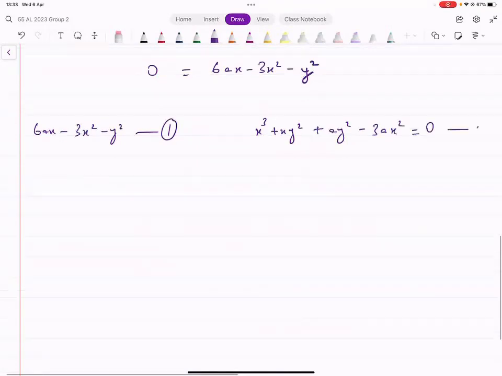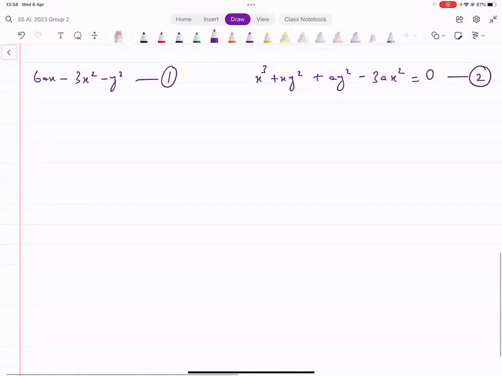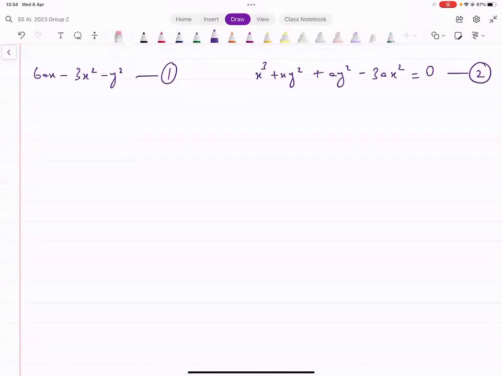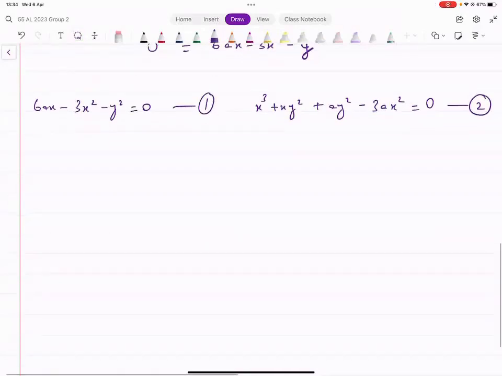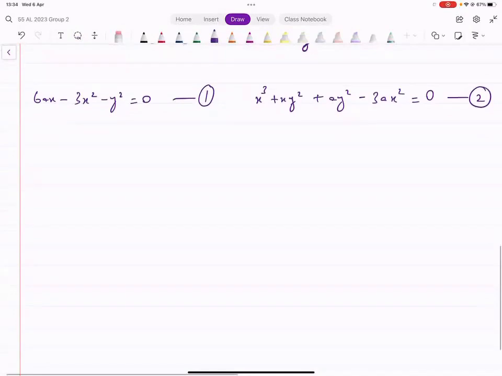This is the second equation. ये दो equations आ गई. इसमें से x और y की values find कर लेंगे. We have to solve them simultaneously. How do we solve them simultaneously? We can make one of the variables the subject, या y को subject बना लें, या x को subject बना लें. Left वाली equation से, it's not even an equation, इसको 0 होना चाहिए यहाँ पर, equal to 0. Yes. So both equal to 0, and it is equation.